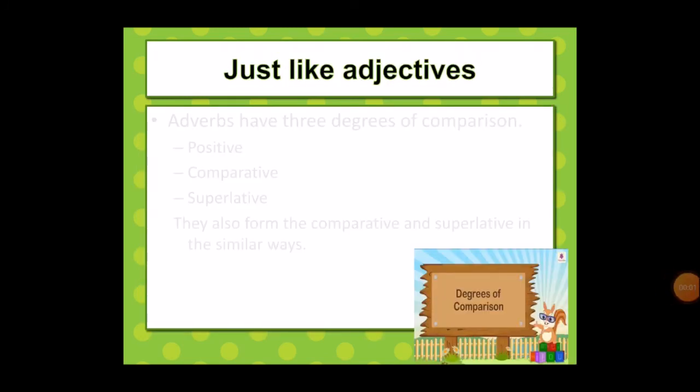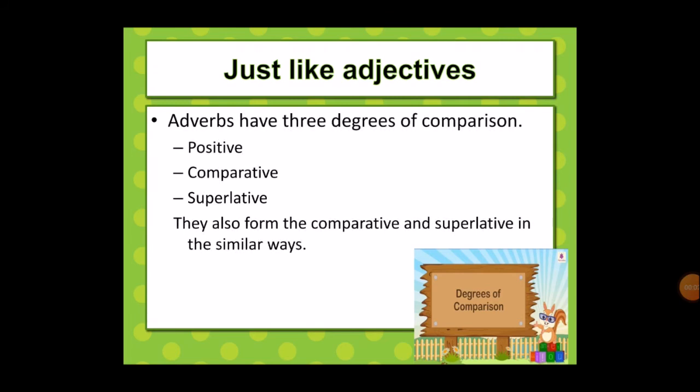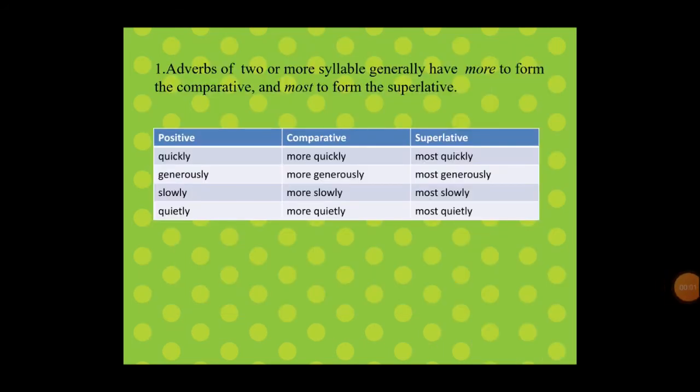Just like adjectives, adverbs have three degrees of comparison: positive, comparative, and superlative. They also form the comparative and superlative in a similar way to adjectives. Number 1.